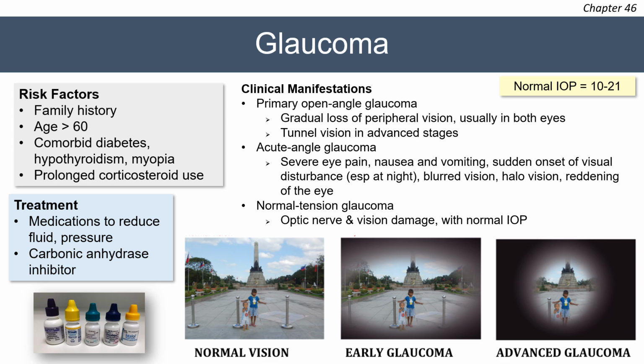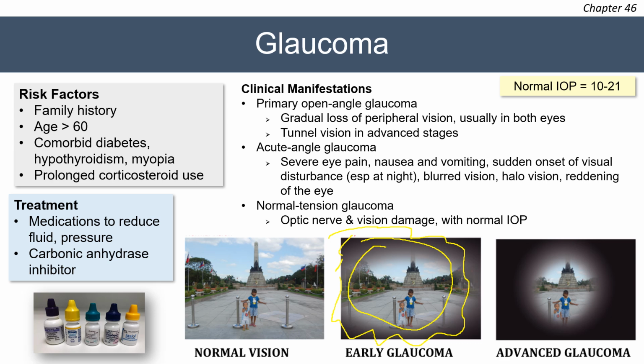So signs and symptoms. Primary open angle glaucoma, which is the most common, you're going to have painless, gradual loss of peripheral vision. So in this center picture here, you see our peripheral vision is on the outside of the circle. So you start having loss of peripheral vision, and it's usually going to be both eyes. It's not that common to have glaucoma in only one eye.